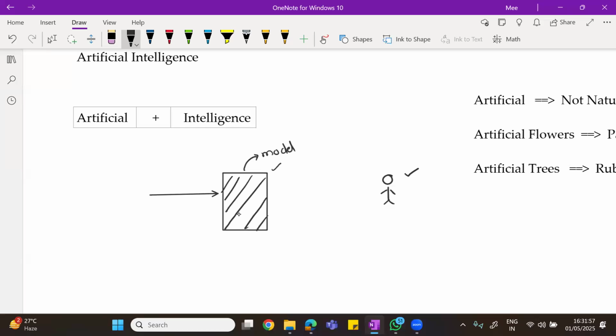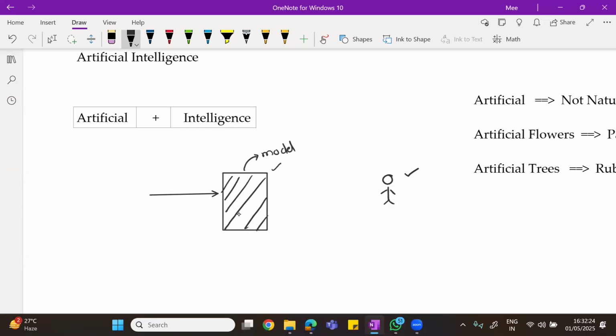Now, we humans are very, very complicated. Our way of behavior will be different in different situations. Based on the situation, our behavior will change. That is what we want: our model or machine should behave exactly like humans. That is what I'm giving you, artificially.